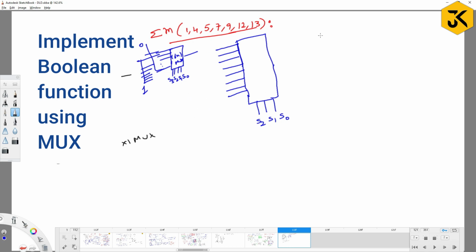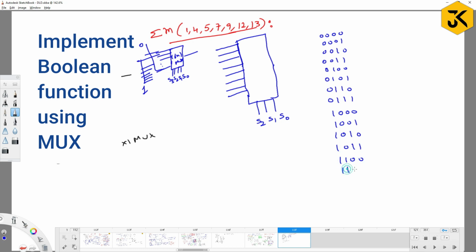If I start with 4 zeros, 0001, 0010, 0011, 0100, 0101, 0110, 0111, 1000, 1001, 1010, 1011, 1100, 1101, 1110, all 4 ones.